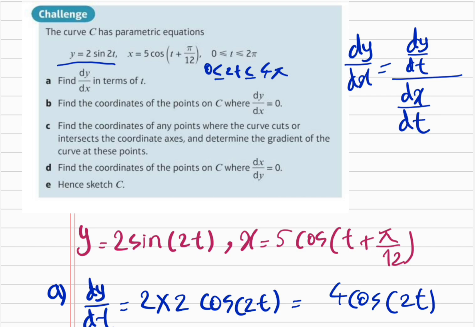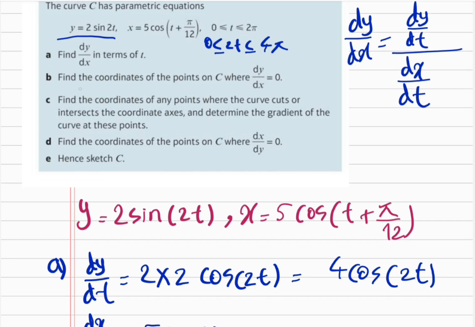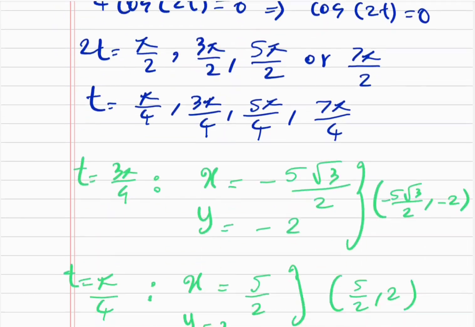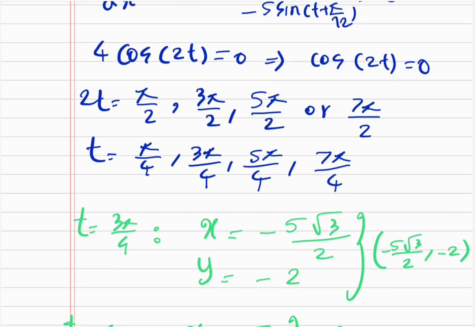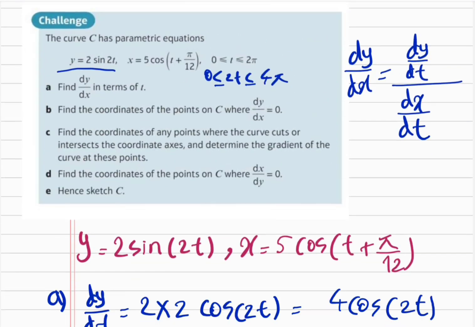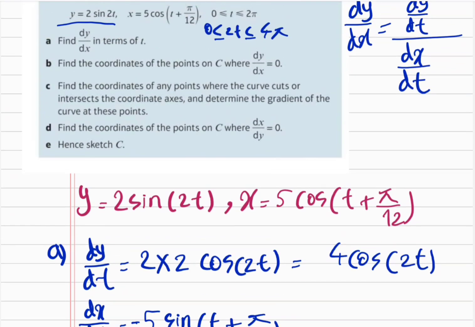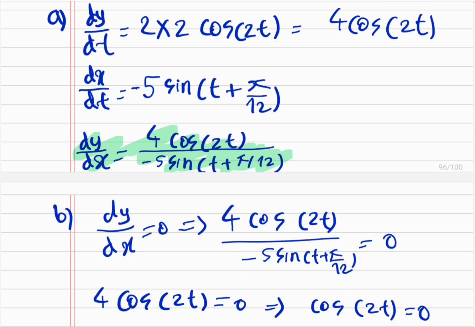And actually we do have them right now, because in part B we found the stationary points. So the four stationary points are these ones that I have written in green, and we are going to plot each of these points on the graph. And then in part C we found the x and y intercepts.